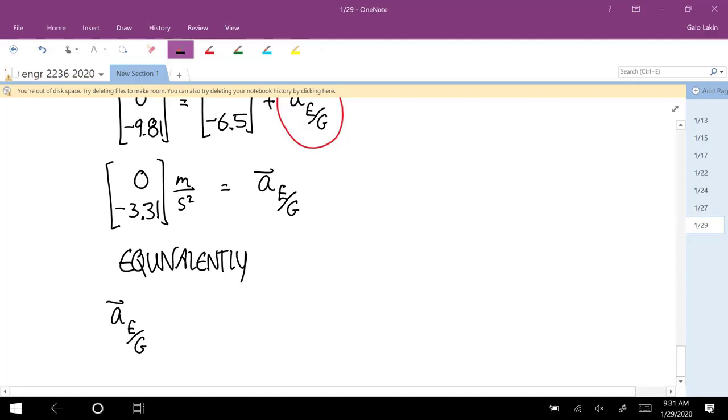Now we just have to come up with a sum of two vectors that make that fraction multiplication work out. So this is going to be acceleration of elevator relative to the keys plus the acceleration of the keys relative to the ground.